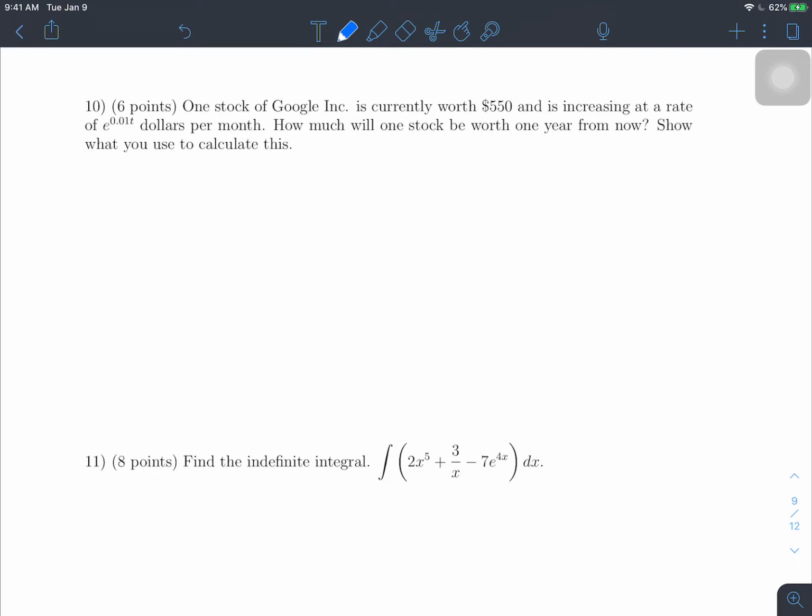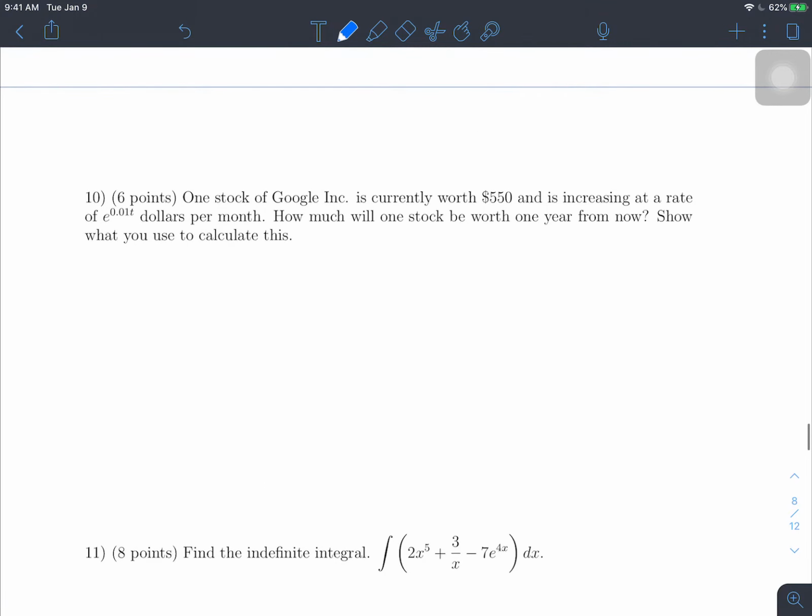Well, this problem is ambiguous. The problem is ambiguous.